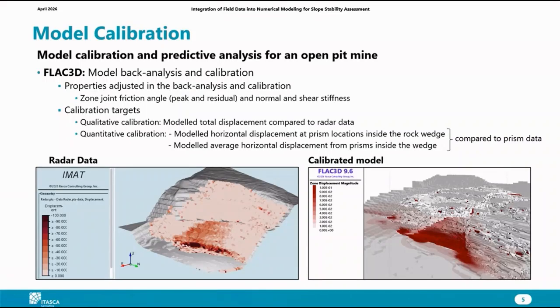Then on the quantitative side, we compared the modeled horizontal displacement directly with prism measurements located within the wedge. This includes both individual prism displacement and the average displacement across multiple points inside the wedge.